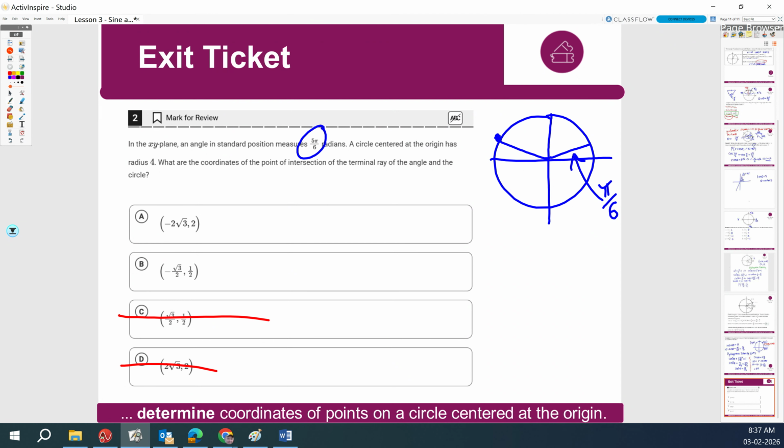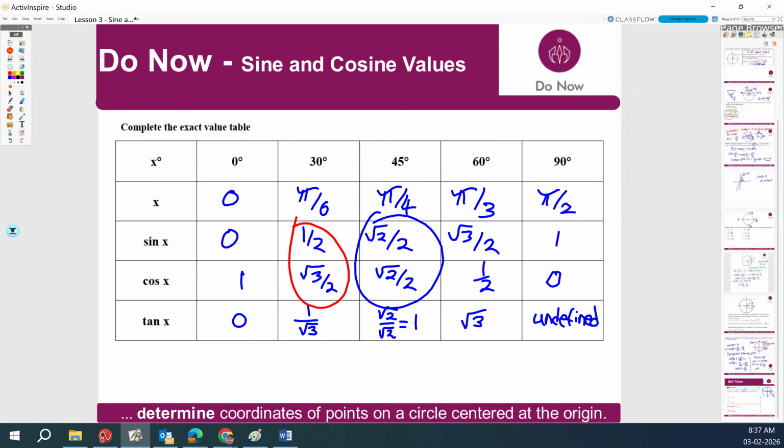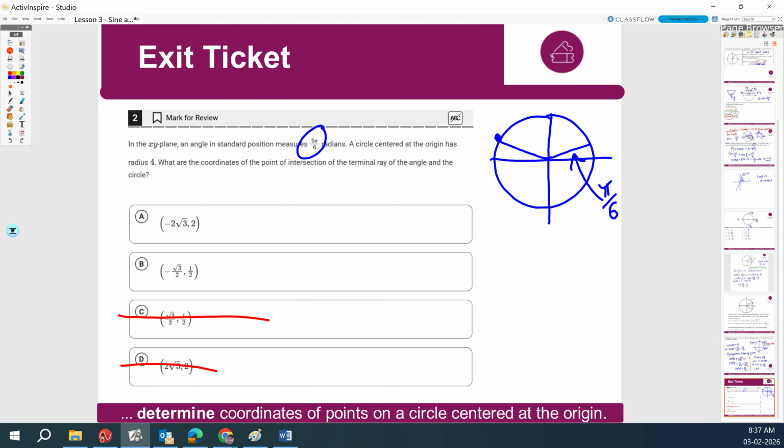We go back to our exact value table, and from the exact value table, pi over 6 has the coordinates root 3 over 2, 1 over 2. That means the coordinates at this side are minus root 3 over 2, 1 over 2.